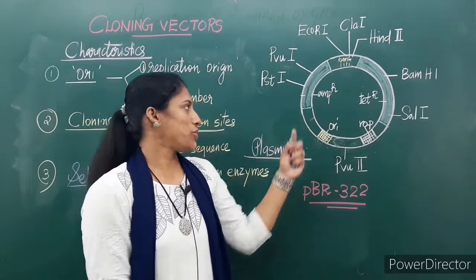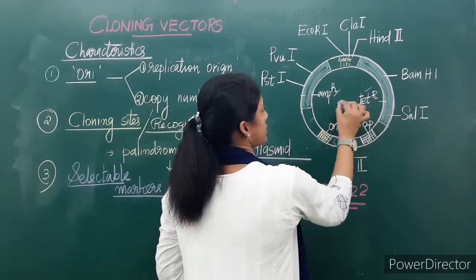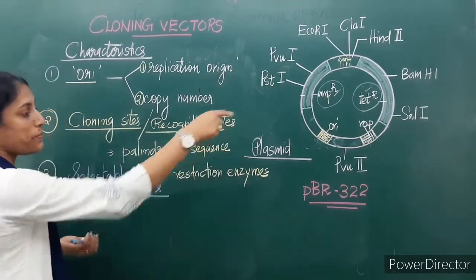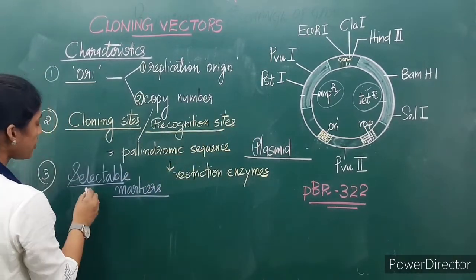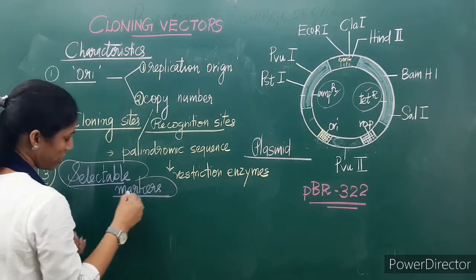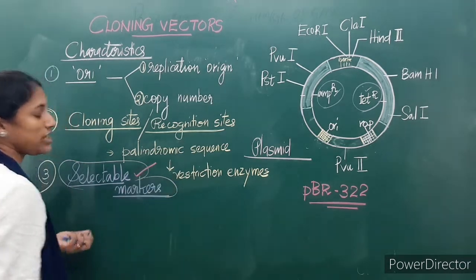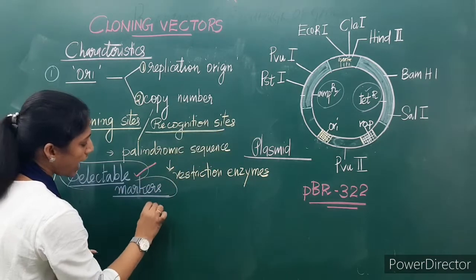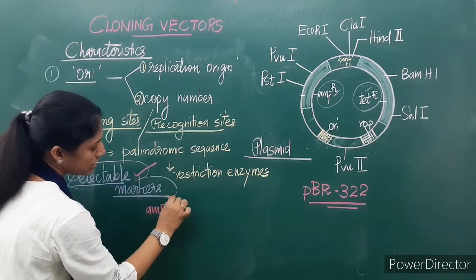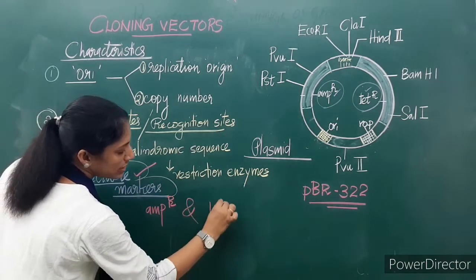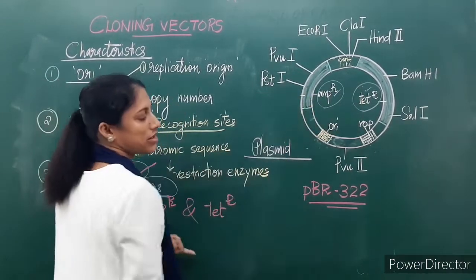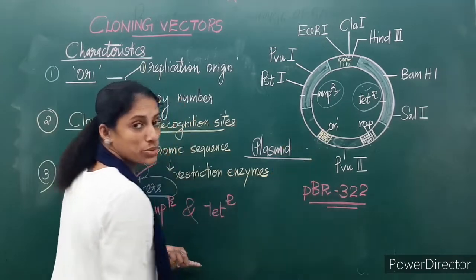These two, ampicillin resistance and tetracycline resistance. These two are the selectable markers in pBR322. So, a suitable cloning vector must contain selectable markers. For example, here ampicillin resistance and tetracycline resistance are the selectable markers in pBR322.